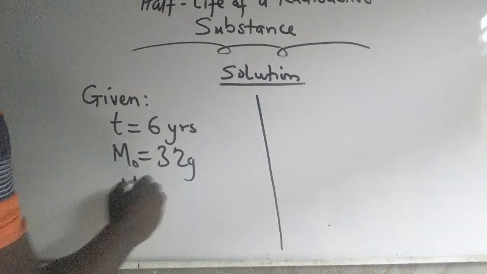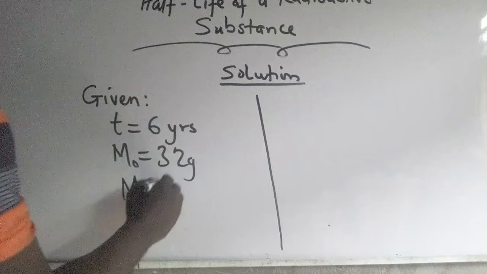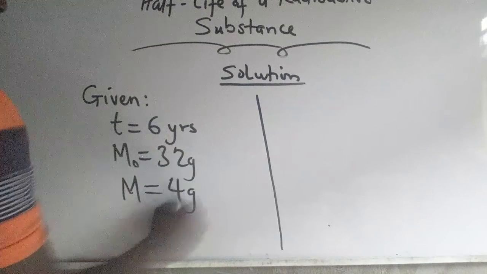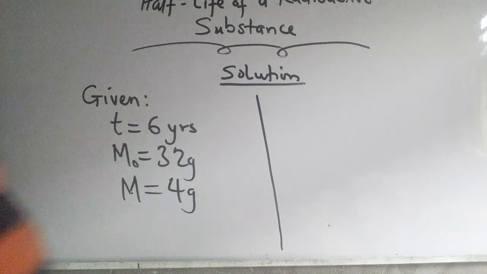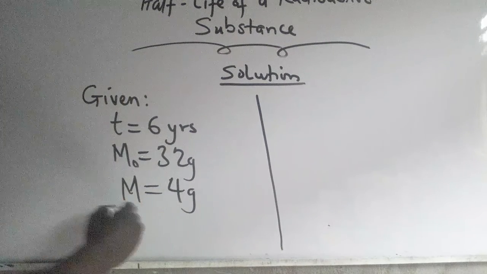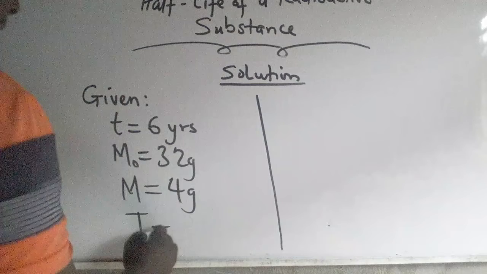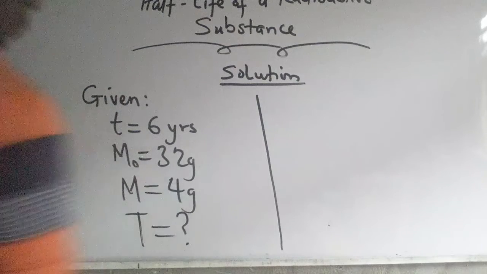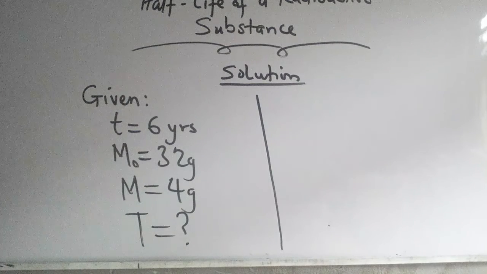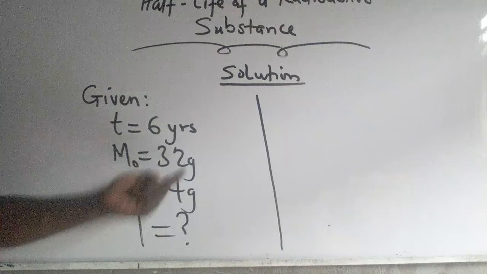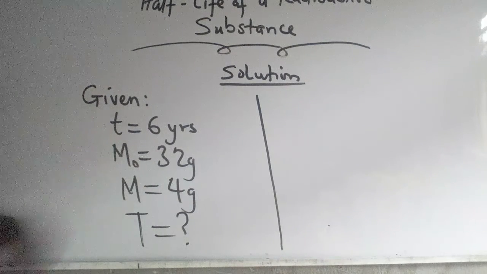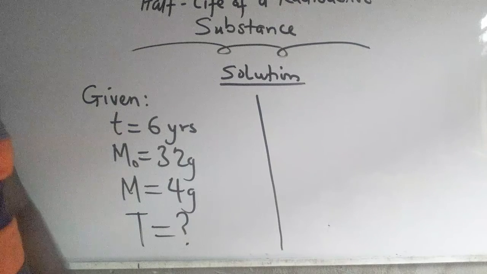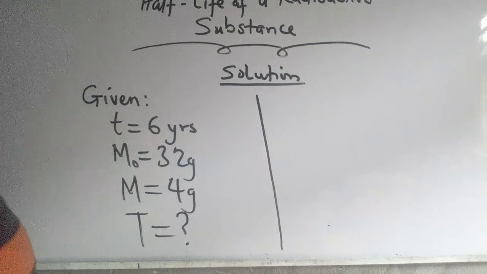The mass after 6 years is 4 grams. We are required to find the half-life. That is the time for 32 grams to decay to half of it. And the half of it we know should be 16 grams.